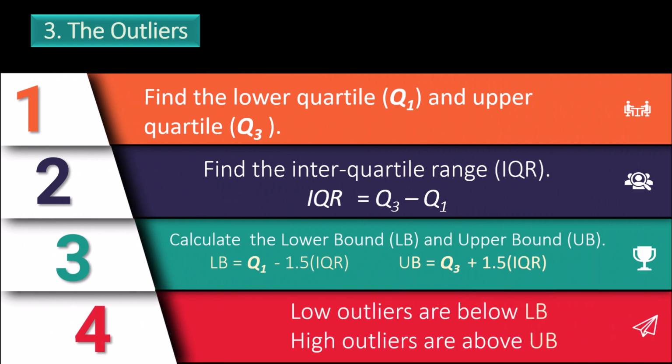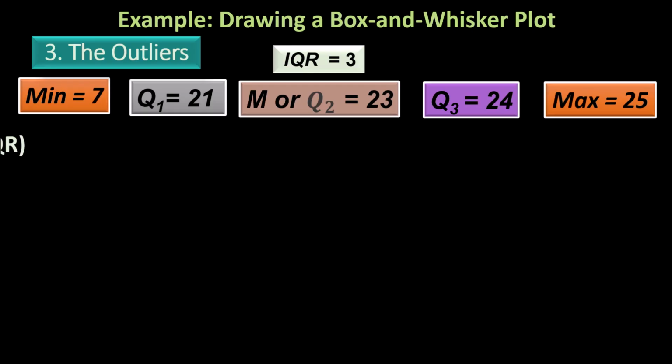Next, let me explain the outliers. What are the steps for the outliers? We know we need to find the Q1 and Q3, then IQR, then we need to find the lower bound and upper bound. Each observation below the lower bound and above the upper bound is an outlier, right? Okay, now we know already the IQR, therefore we can find lower bound and upper bound.